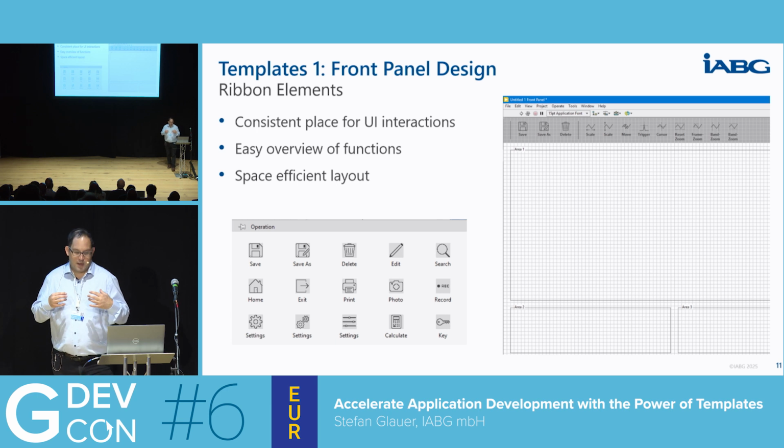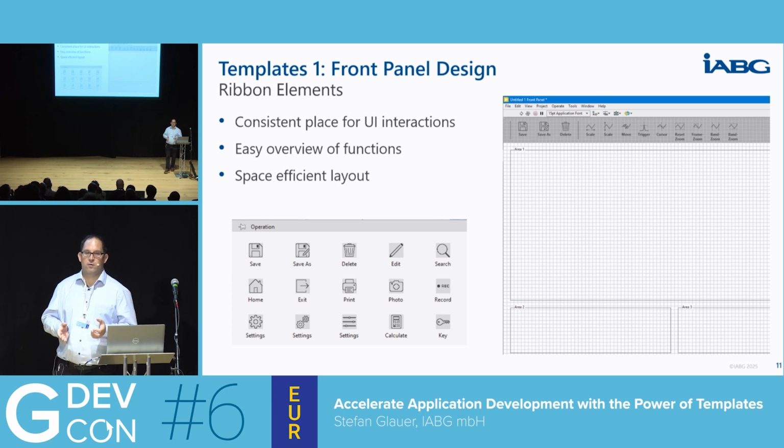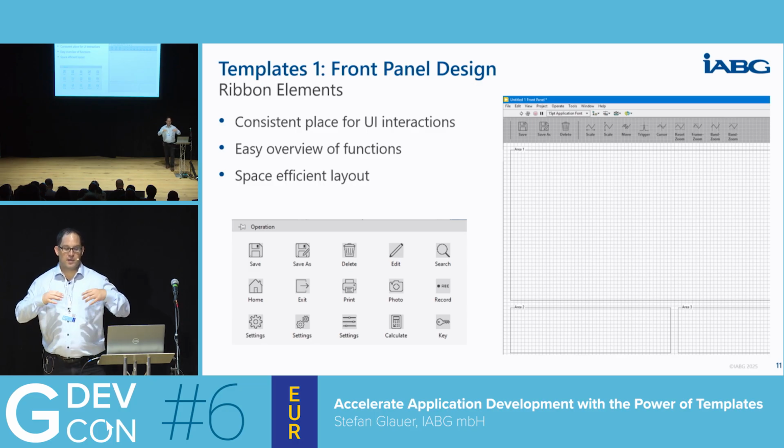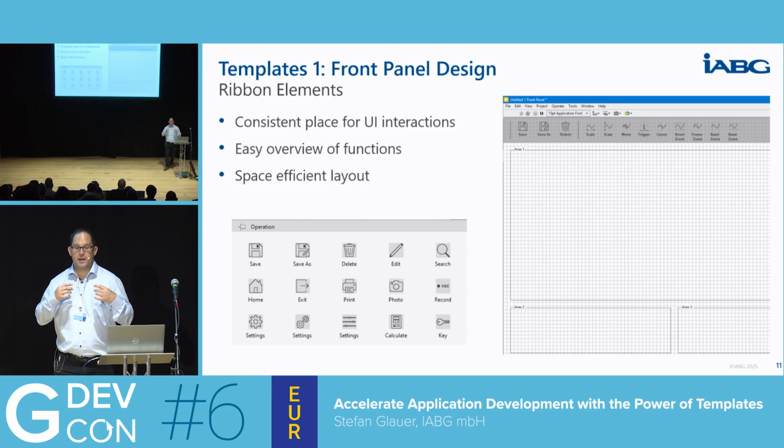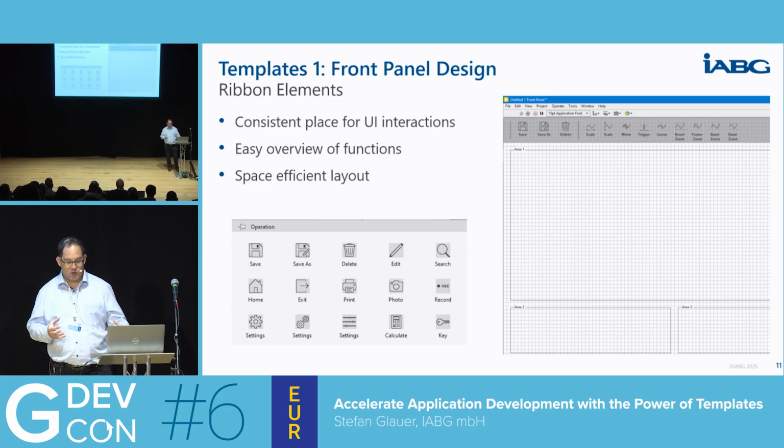The next thing we added: we built custom ribbon user elements. Why did we do this? Because they're a mix of icons and text, so it's much easier to understand what happens. It creates a consistent place where you put user elements on the front panel. It's space efficient, and one good thing is many people know it from Word and Excel.